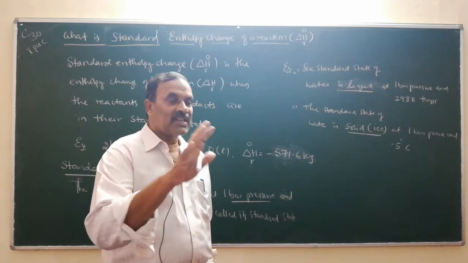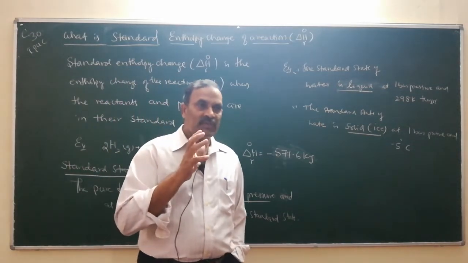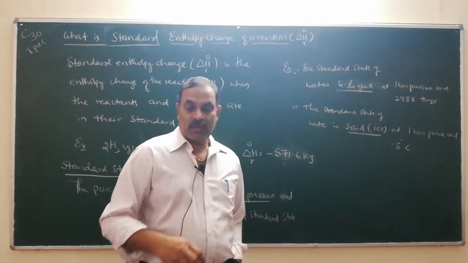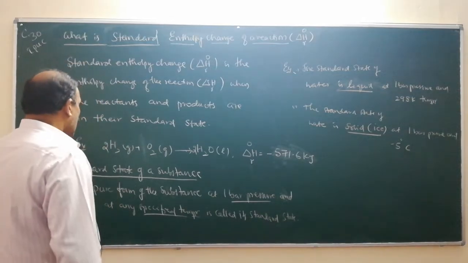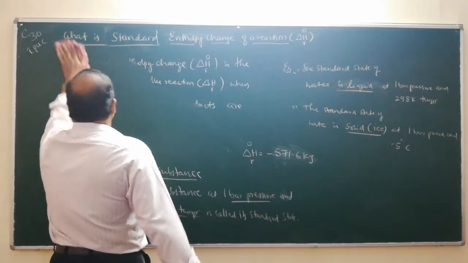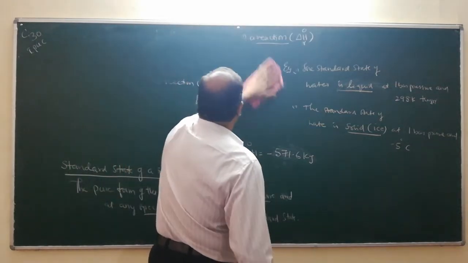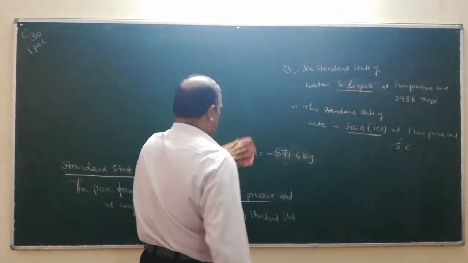So the standard state of any substance is the pure form of the substance at 1 bar pressure and any specified temperature. So now you understand what is enthalpy of reaction, the enthalpy change of the reaction.